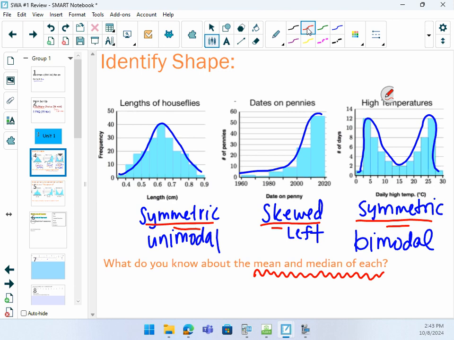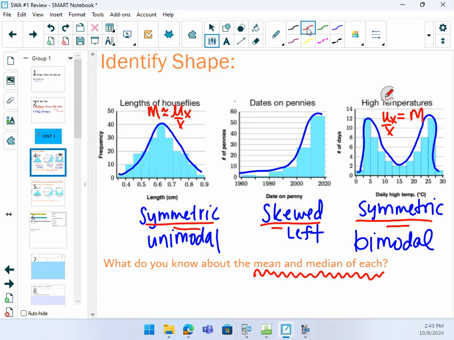All right, when we have symmetric data, the median is symbol M, and the mean has two different symbols. You could use mu of x or x bar, they are the same, right? So the mean, mu of x or x bar, would be equal to the median because it is symmetric.